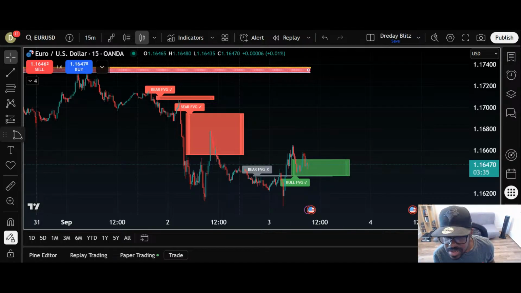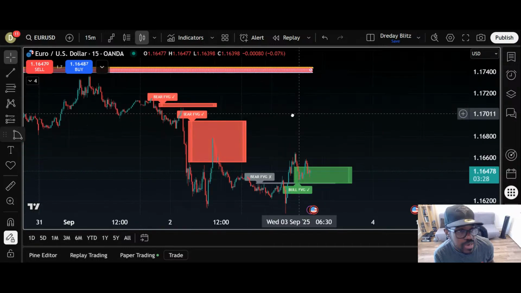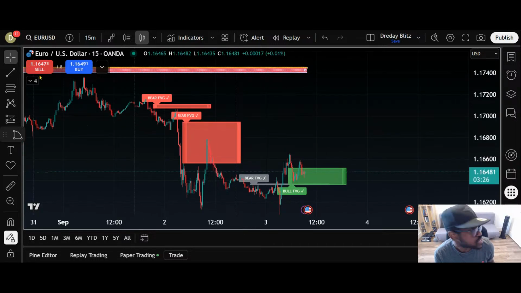So you said you want to see S&P 500 US. Okay, so pretty straightforward for the fair value gap here. If there are any questions, let me know.